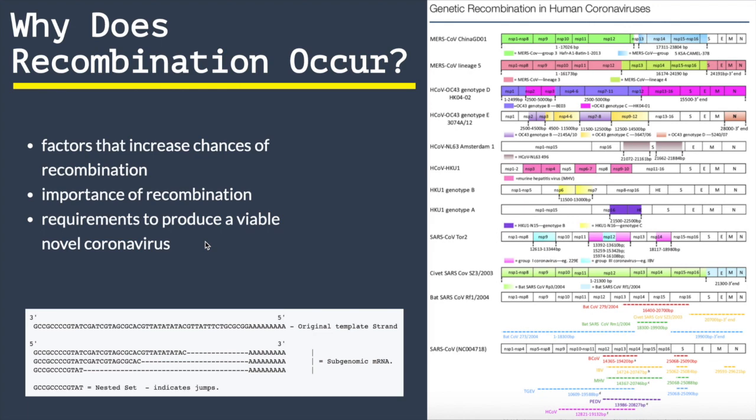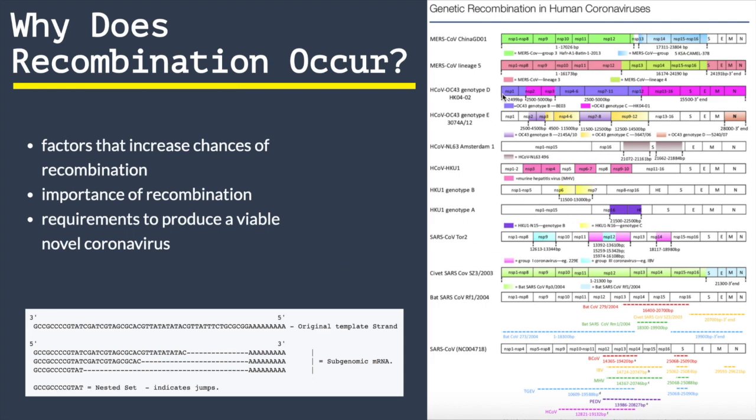The proteins that arise from the recombination event also have to be functional. And lastly, the recombinant virus must have some selective advantage in order to survive. So while recombination does happen quite a lot, the generation of novel coronaviruses is actually quite rare.